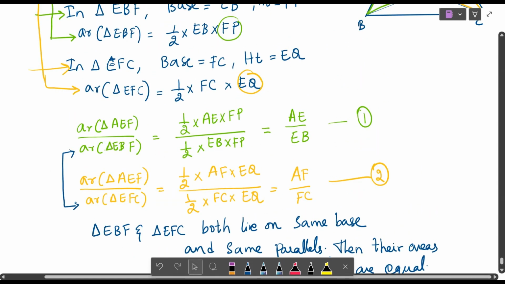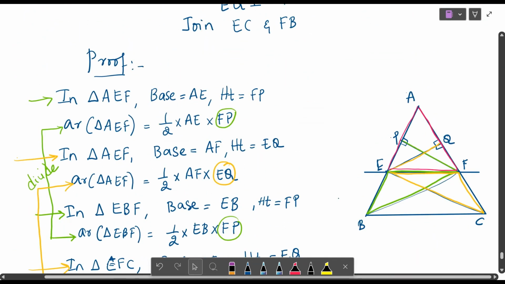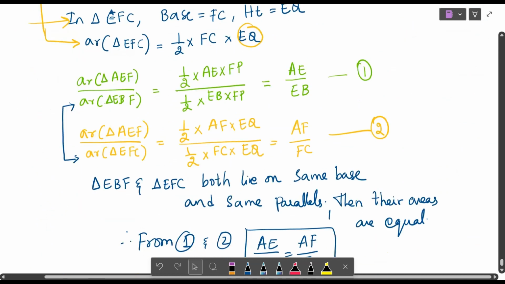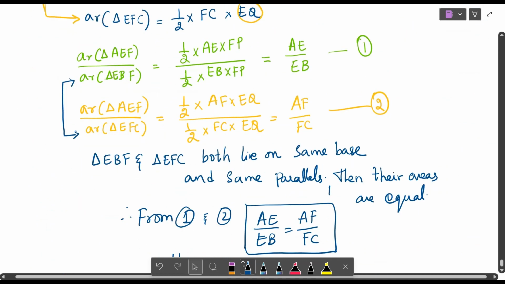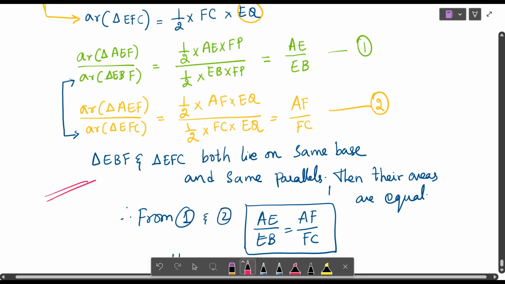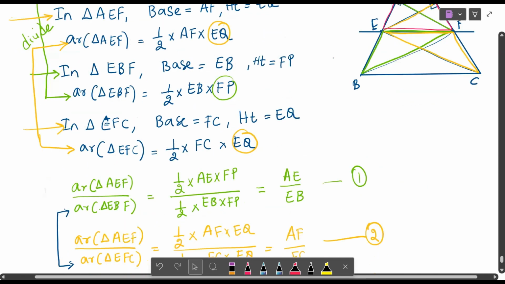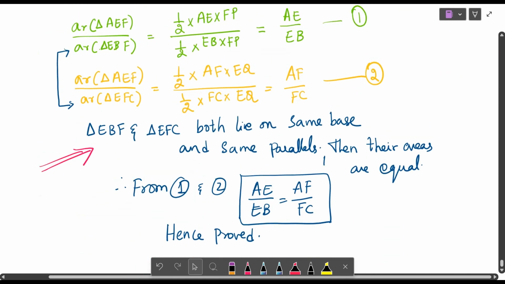Just observe carefully. I have done it using colors, so it is very easy to understand also. Only the thing is you have to recall this theorem students: triangles between same base and same parallels, areas of those triangles will always be equal. Did you understand students?